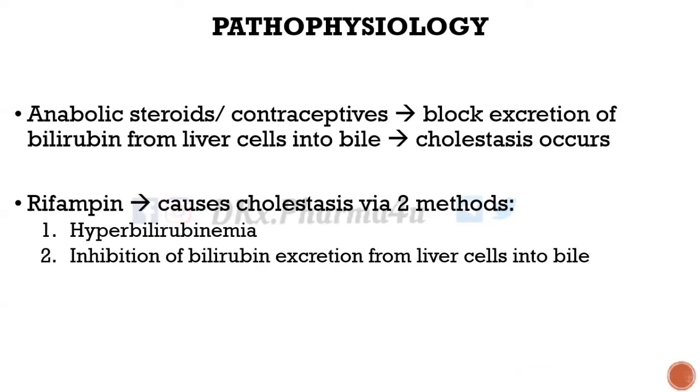And rifampin also causes cholestasis by 2 mechanisms. Number 1 is hyperbilirubinemia. Definitely, if bilirubin level is very high in the body, then it will not process through the bile properly. So that can cause cholestasis, and definitely inhibition of bilirubin excretion from liver cells into bile.